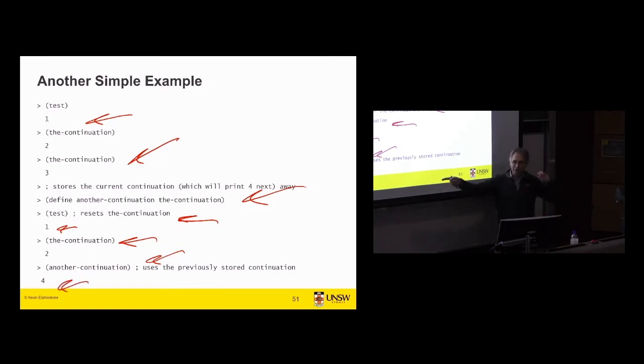So now we've got 2 continuations to the same function that have independent state of each other, and we can use them to invoke that particular point in time independently of the other. Okay?